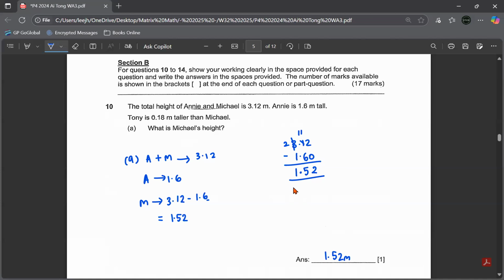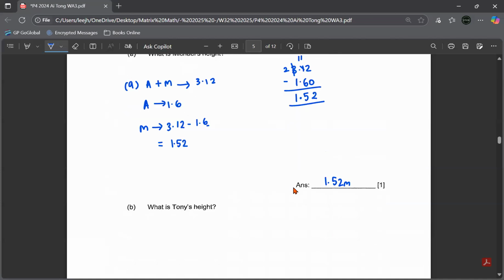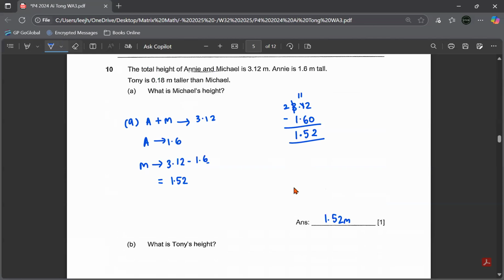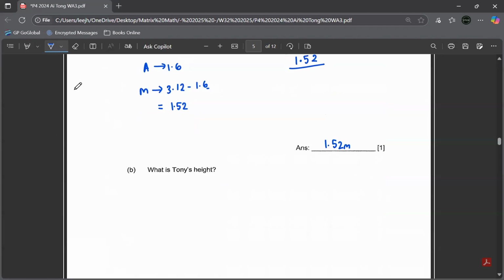Okay. So now B, I want to proceed to find Tony's height. Okay, but when we read the question here, we know that Tony is 0.18 meter taller than Michael. So how am I going to find Tony's height? From A, we know Michael is already 1.52. Okay, wait, I write here, Michael 1.52. Tony is taller than Michael by 0.18.